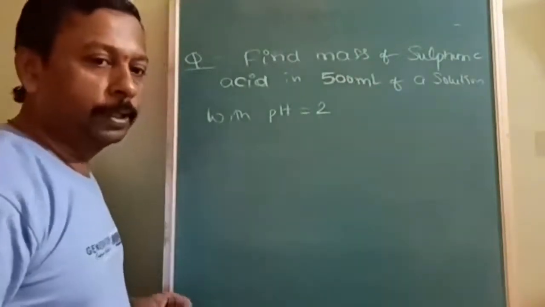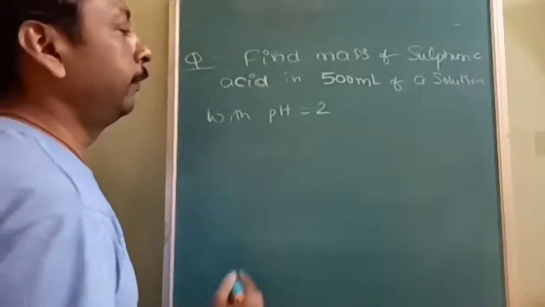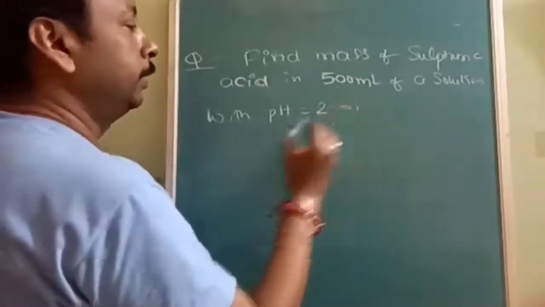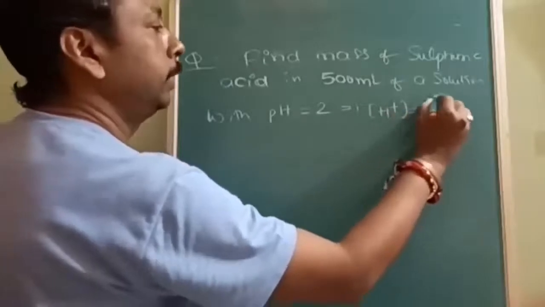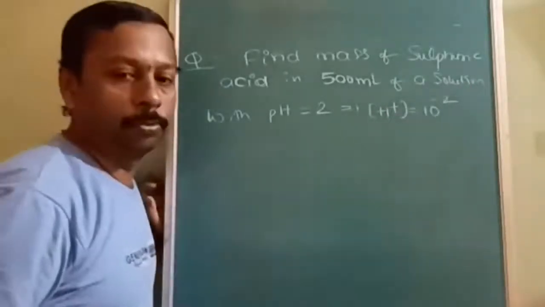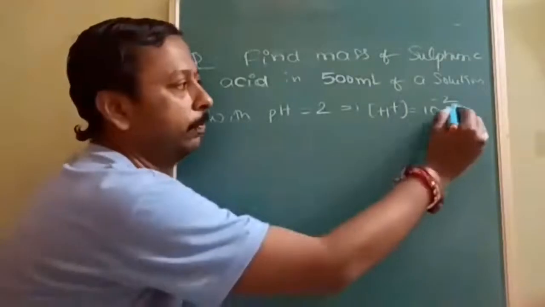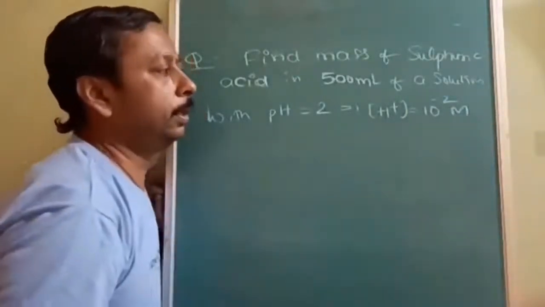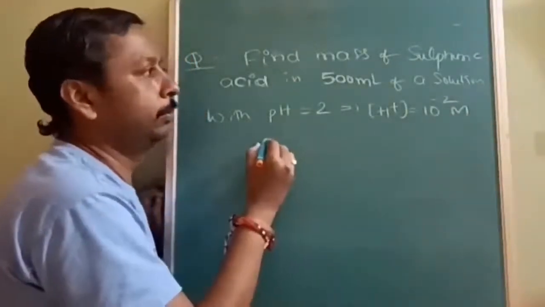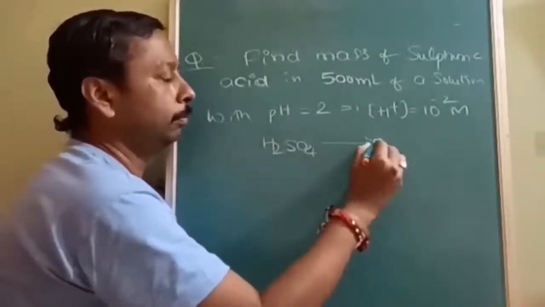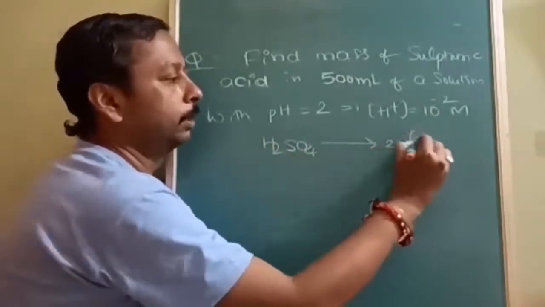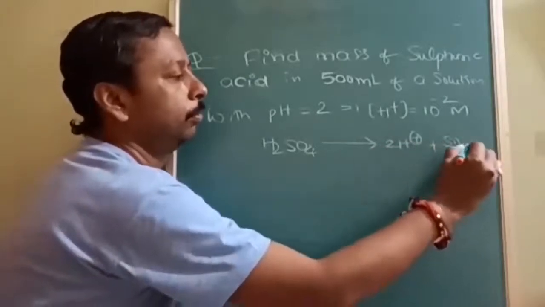Okay, now listen carefully. Here, this is a different model. If pH is equal to 2, concentration of H plus is equal to 10 to the power of minus 2, okay, 10 to the power of minus 2 molarity. Understood? But there is a twist over here. H2SO4 gives 2H plus and SO4 2 minus.